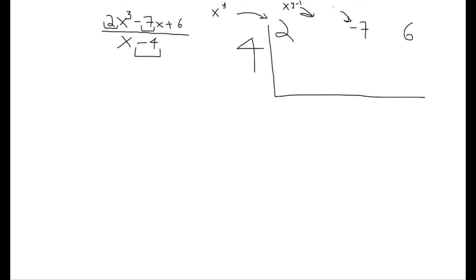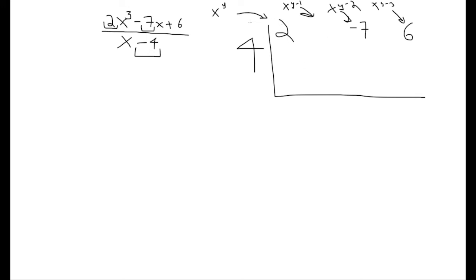Then this third column would represent x to the power of y minus 2. Then this fourth column would represent x to the power of y minus 3. So what I mean is that all of these coefficients need to represent an x with a power that is 1 less than the last one.